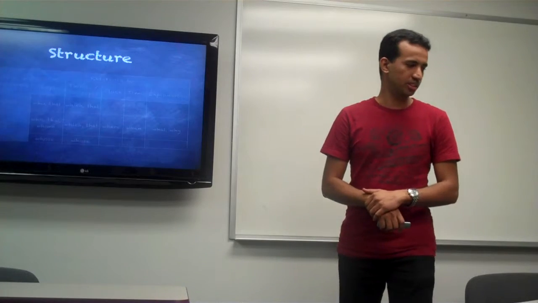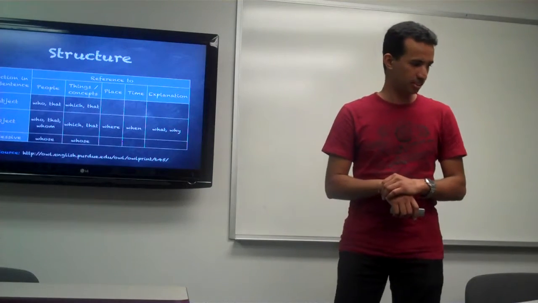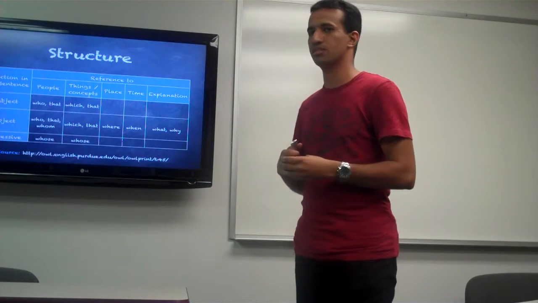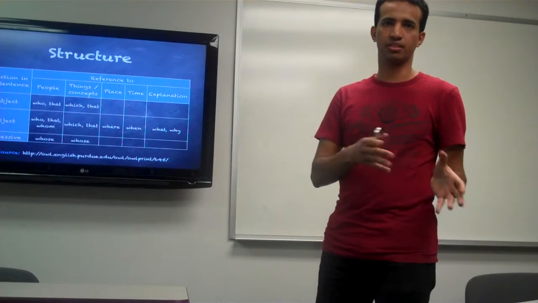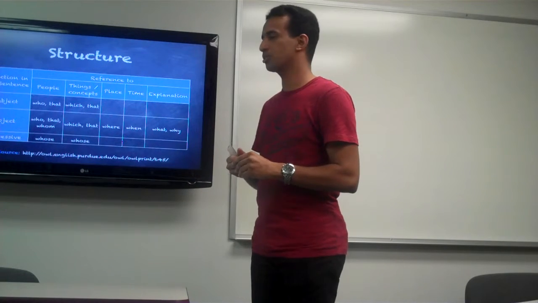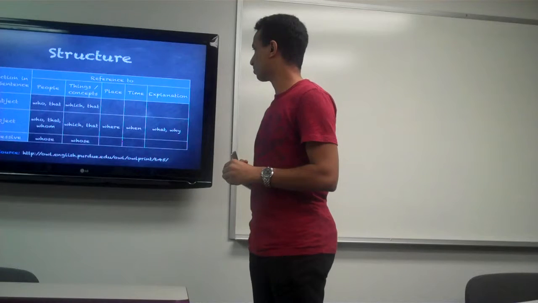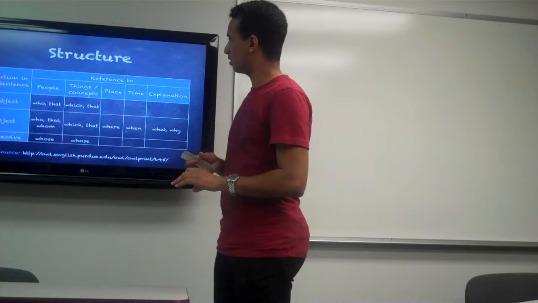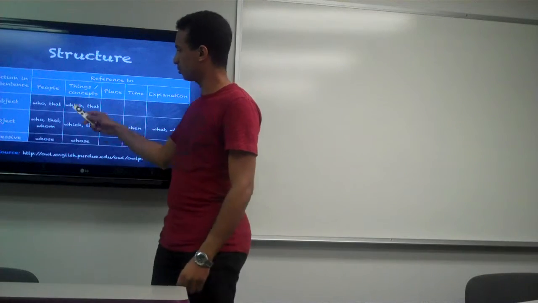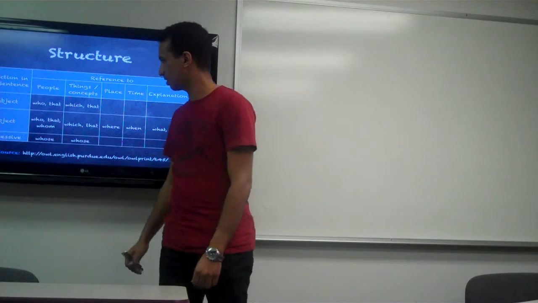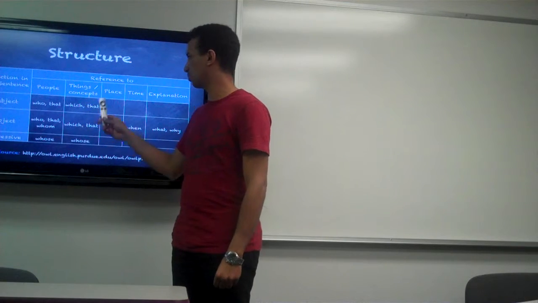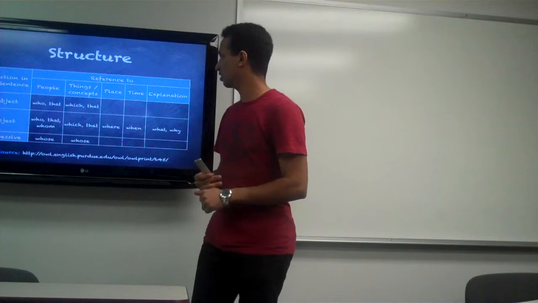So let's move to structures. Here is general information, a reference. We can use it to remember the differences when using relative clauses. If we describe people, in the subject we use who or that, and if we describe things or concepts, we use which or that.